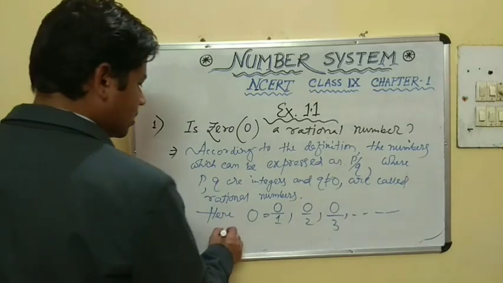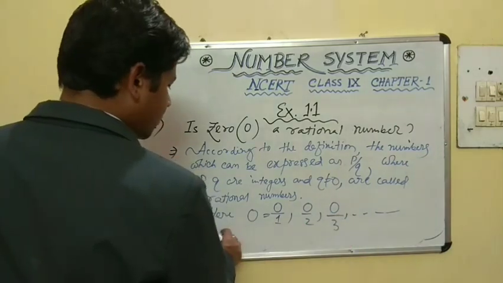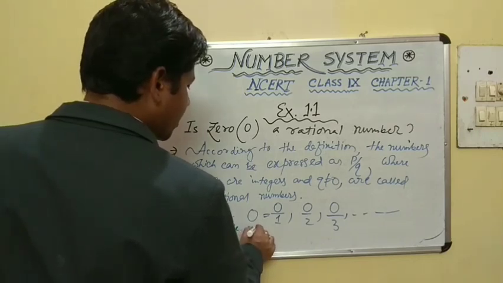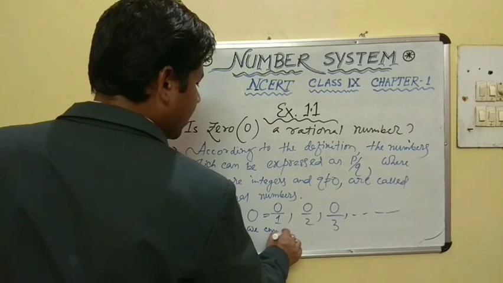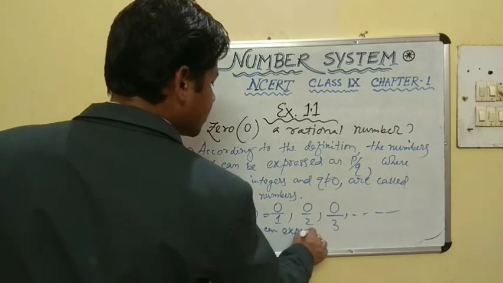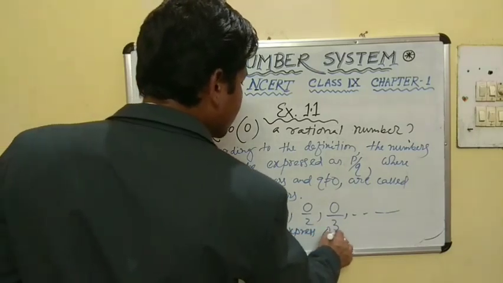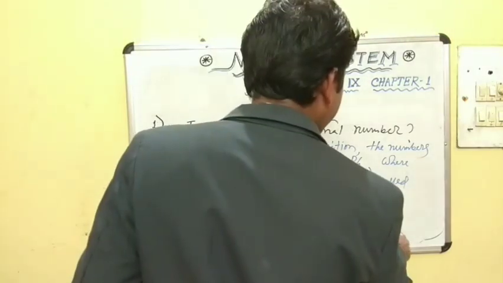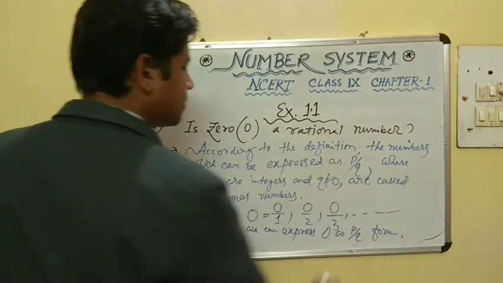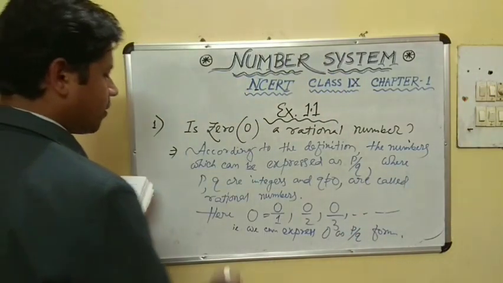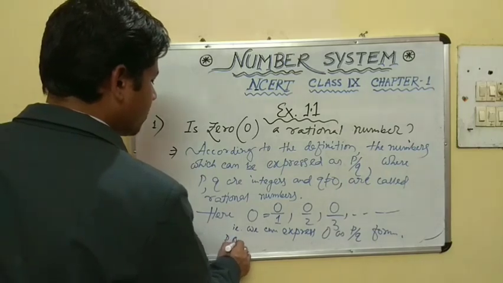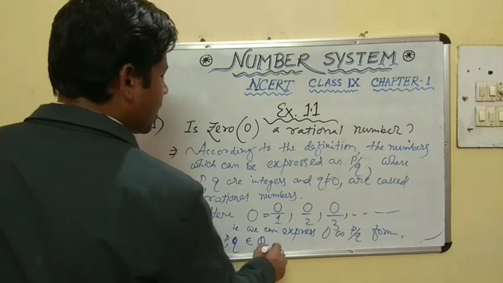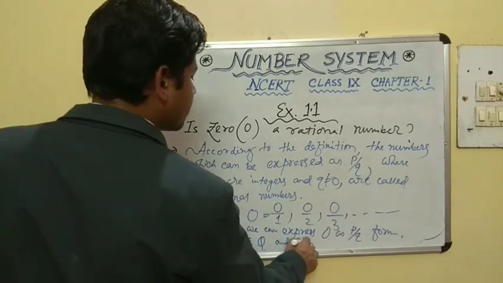So here 0 is this. So that means we can express 0 in P by Q form, where P and Q are integers and Q not equals to 0.